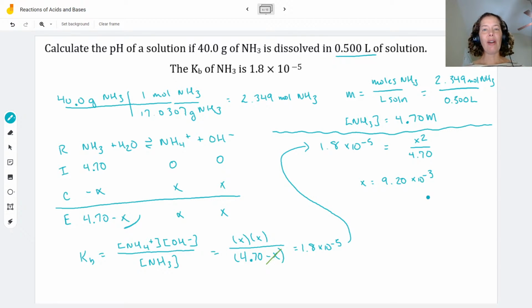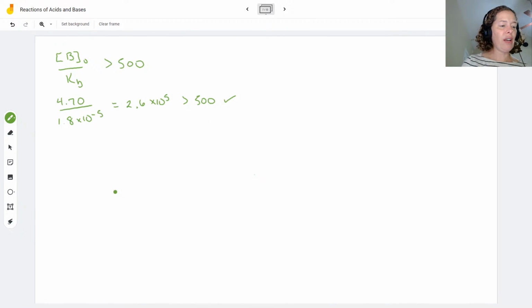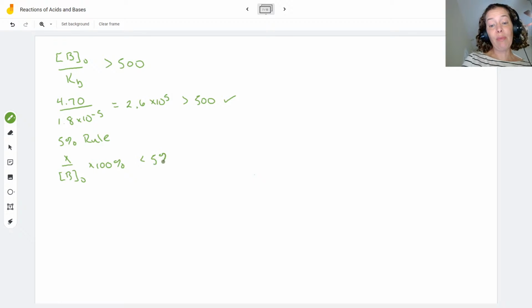Let's go ahead and check our assumption, and then we'll come back and remember what x means. This is our 5% rule. I take my value of x over my initial concentration of base times 100%, and this should be less than 5%.